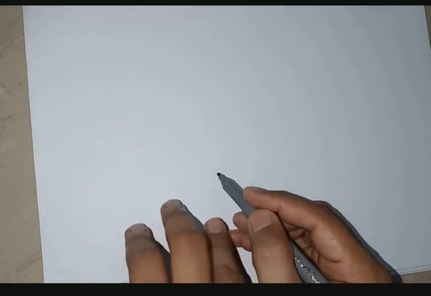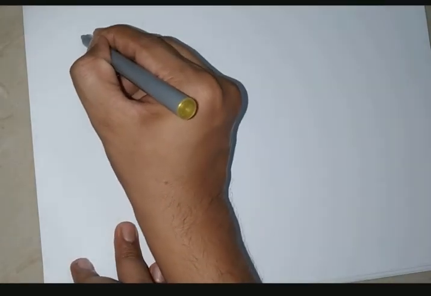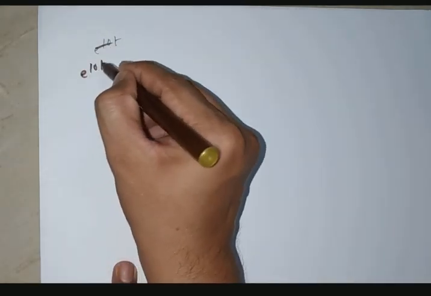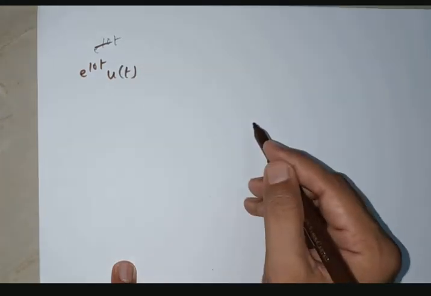Take some more examples. e^(10t) multiply u(t), do the plot.